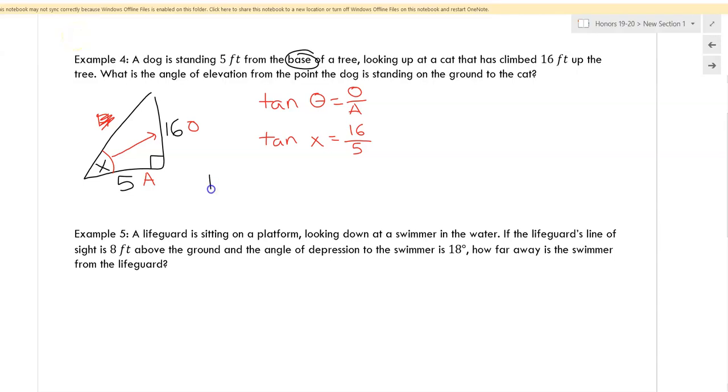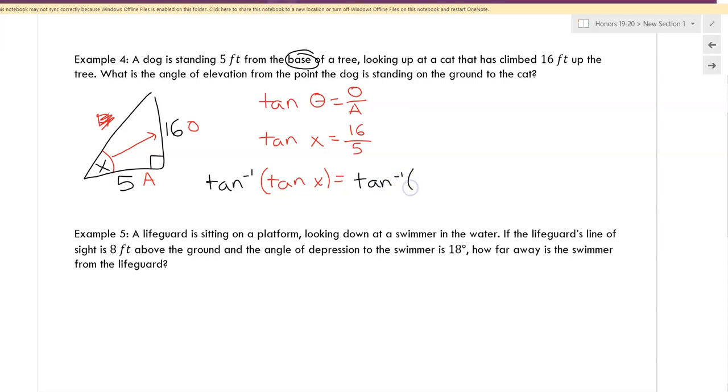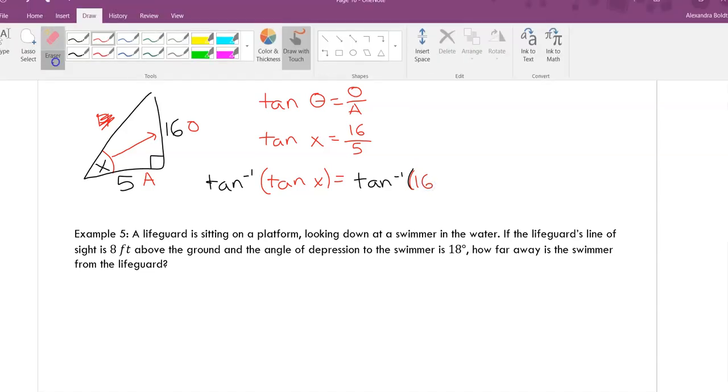Get rid of that tangent of X, we do the inverse tangent of the tangent of X, equals the inverse tangent of 16 fifths, not just 16.